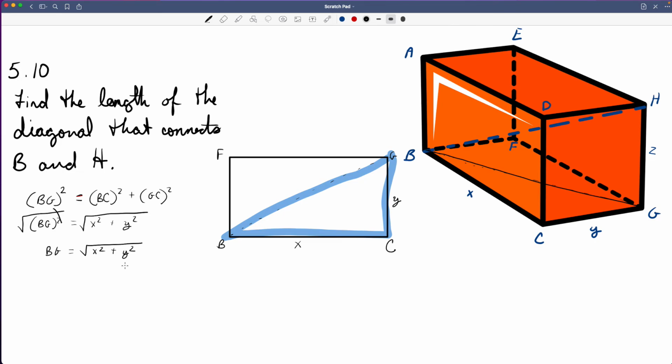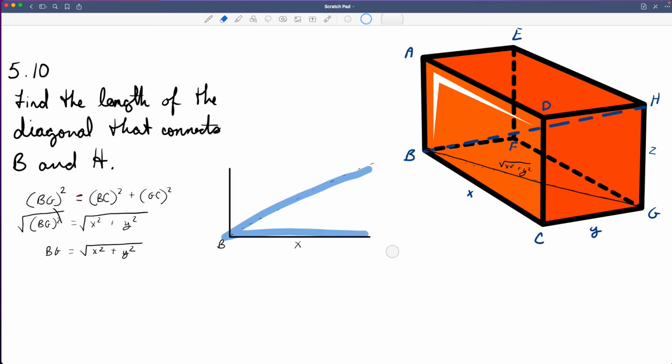Okay? So now the second step is to find the length of the diagonal BH. Now that we have a length for BG, we can attack this triangle here, right? So this line here is the square root of x squared plus y squared. And the height here is z. Now that we've done this bit, I'm going to erase this just to give ourselves more room.